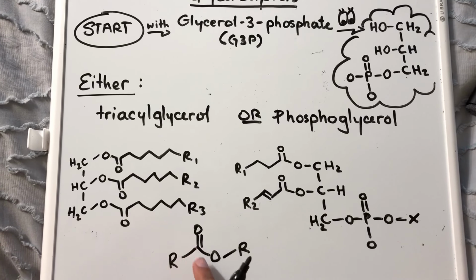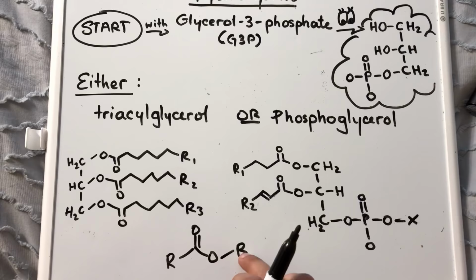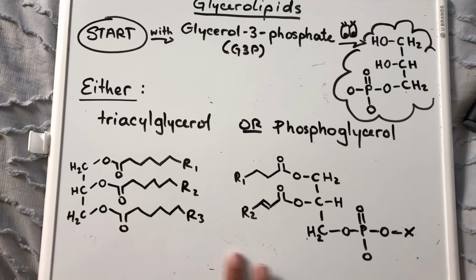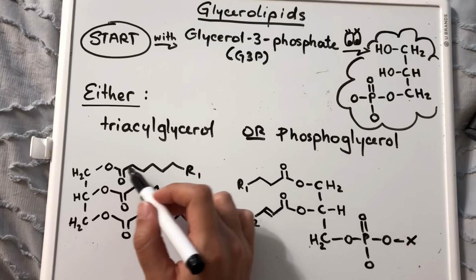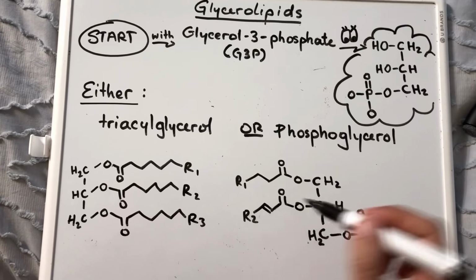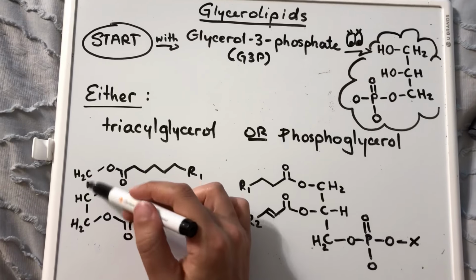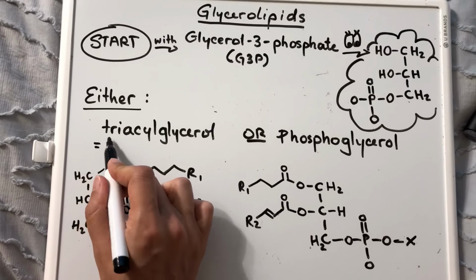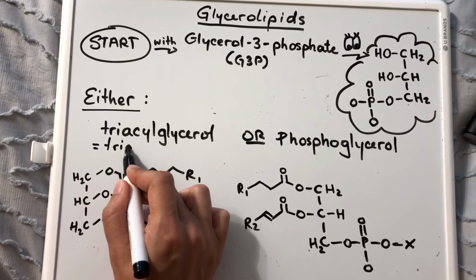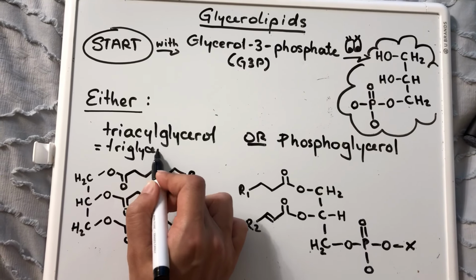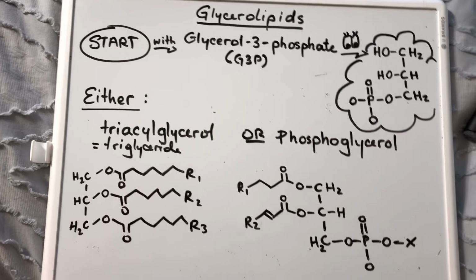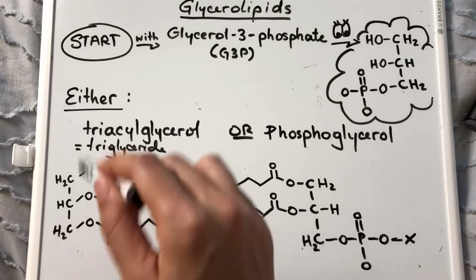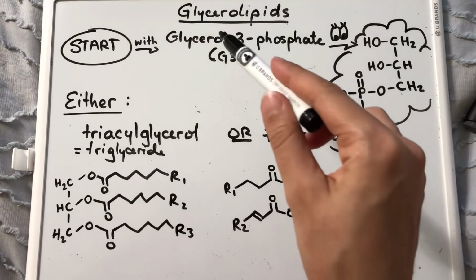So it's just carbonyl, carbon, O, and then a side chain. So a triacylglycerol has 3 fatty acid chains attached to this 3-carbon backbone, and this is the same as triglyceride. So then that is one thing you can create from this, one glycerolipid.